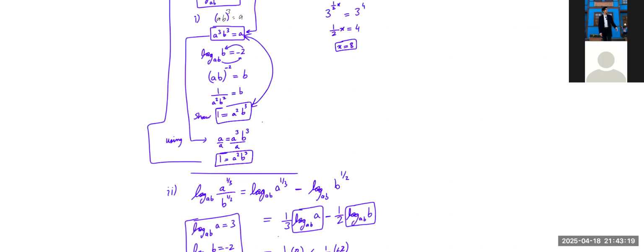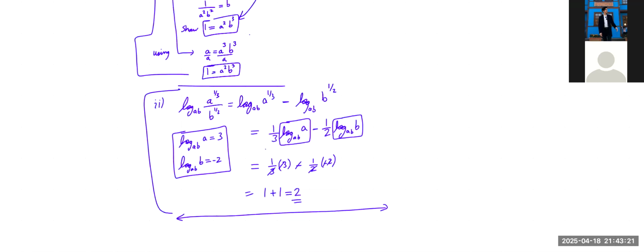However, this is common, it happens all the time. They give you a log, and inside the log you have a division of two things or a multiplication of two things, and you have to realize that you can break it down into a sum or subtraction of two separate logs. So this step was the key, and this step is common.